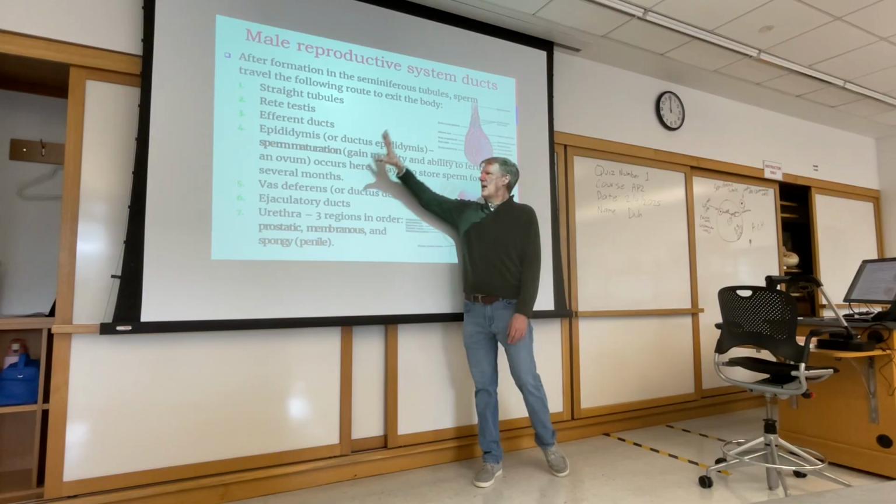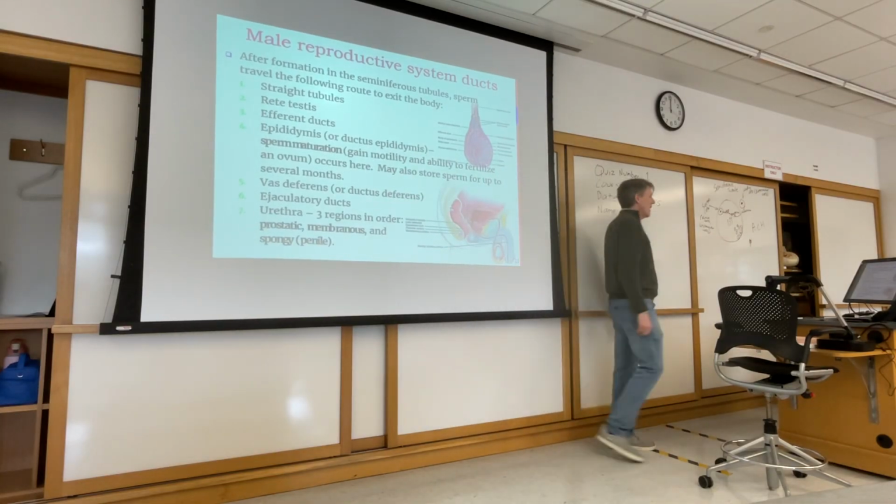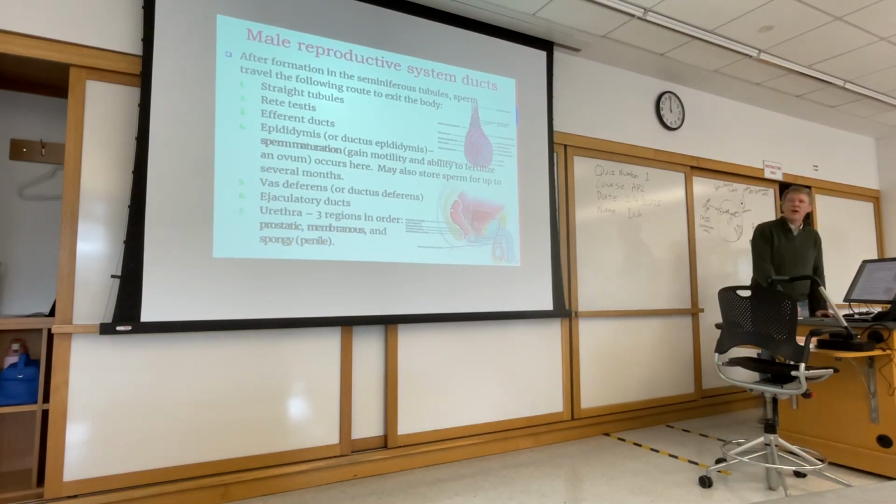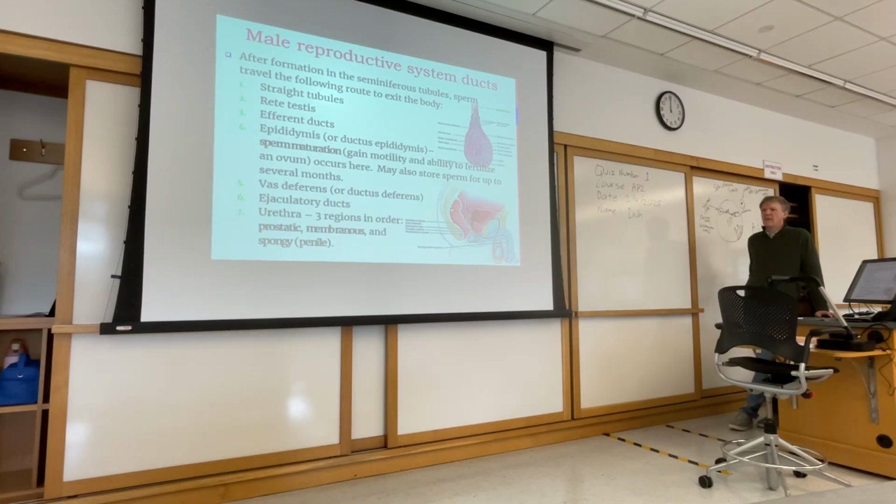The other thing about the epididymis is it's a storage spot. Sperm can be stored in the epididymis for, I think what I've read is usually 3 months or 90 days is the maximum storage period. If you don't ejaculate for 3 months, guys, don't get depressed or anything. You don't ejaculate for 3 months, sperm die.